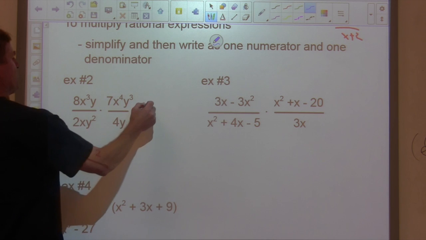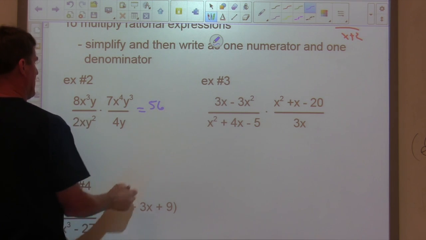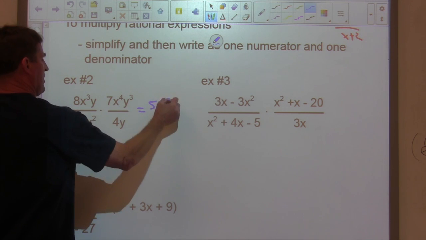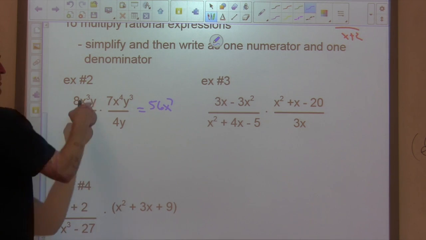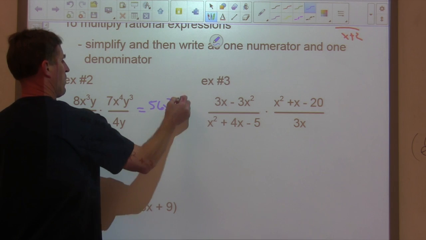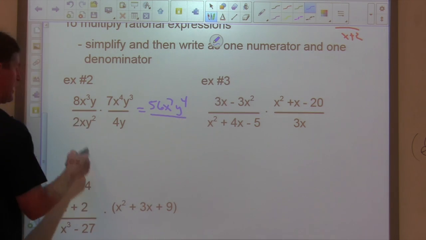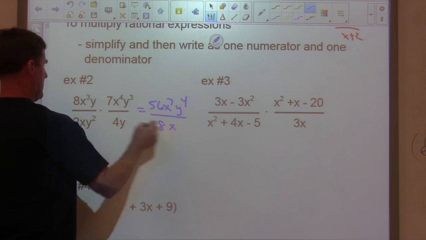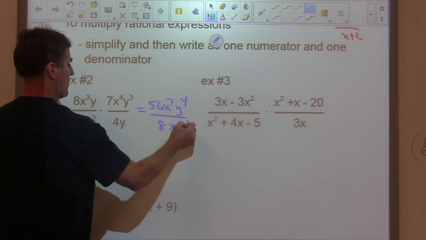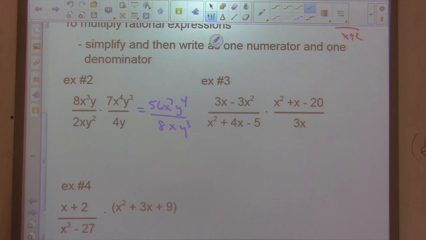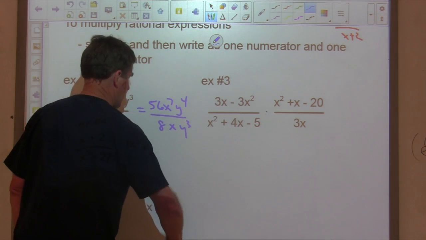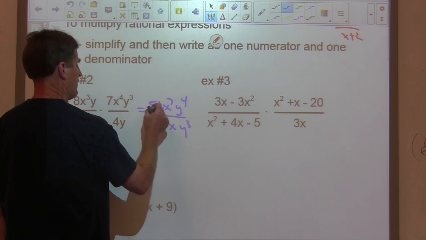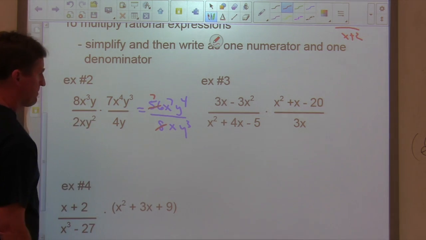and you can decide. So they would go 8 times 7 is 56. X to the third times x to the fourth is x to the seventh. Remember, you add powers, and y times y to the third would be y to the fourth. And then 2 times 4 is 8. And then x, and then y squared times y is y to the third. So they would do that first, and then they would simplify. And they would say, okay, 8 goes into 56 7 times.